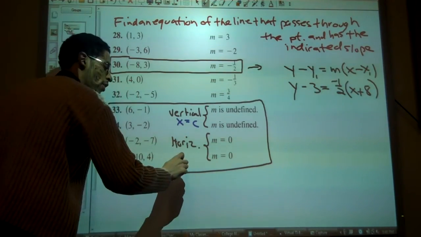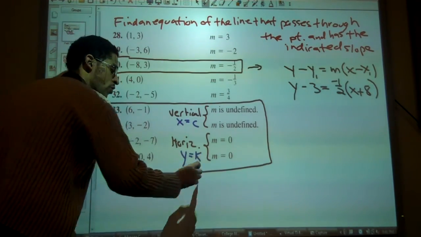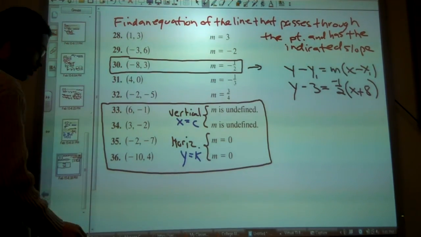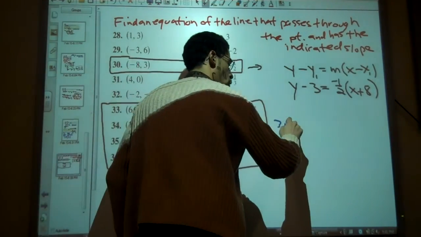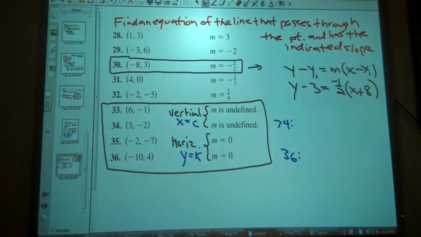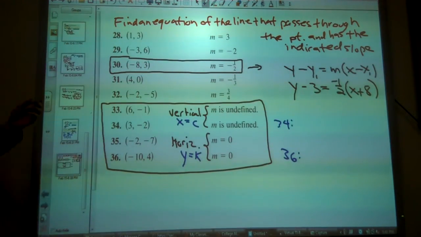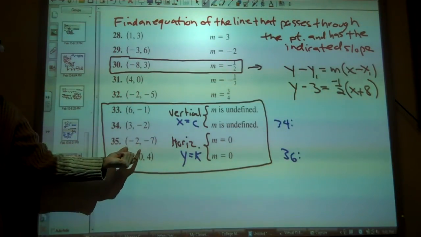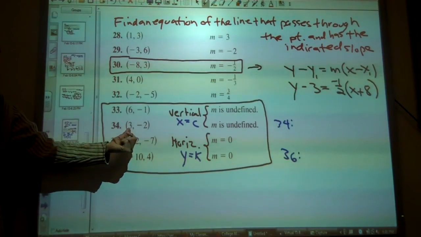Horizontal lines have equation y equal to a constant. And so for 34 and 36, doing the evens, that constant isn't just some random number. We're going to get it right off of this point. The x will be 3.